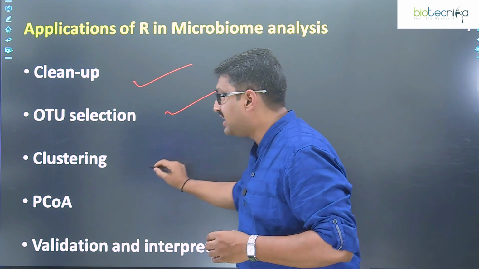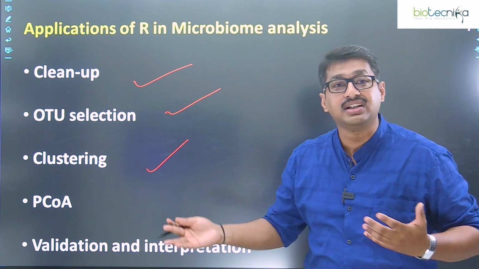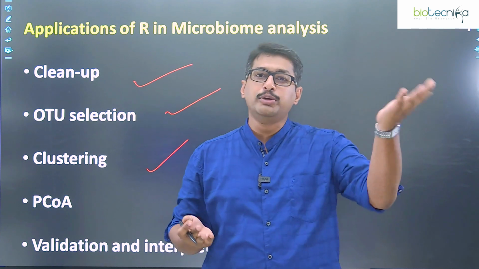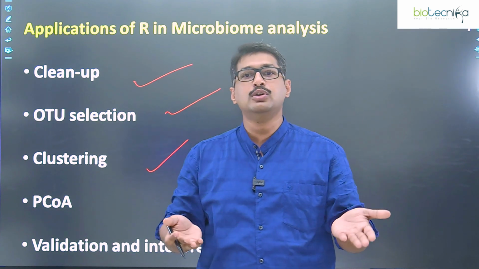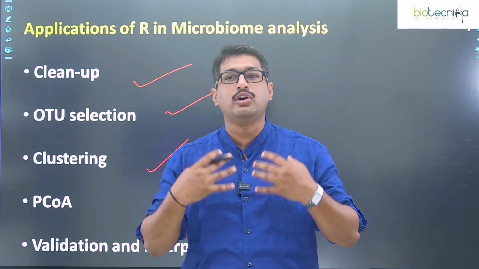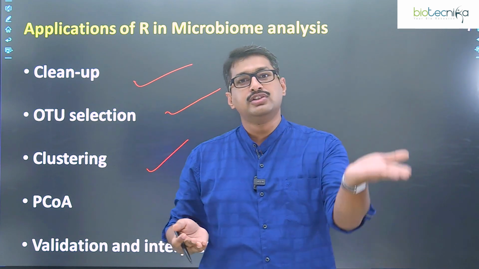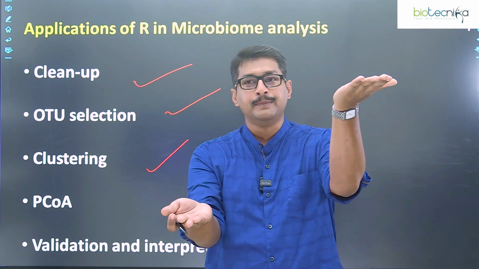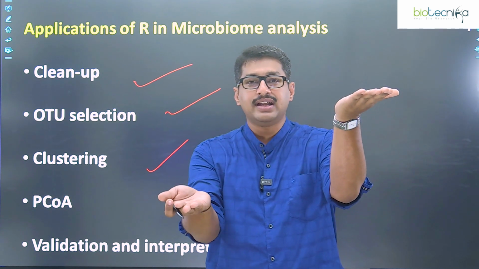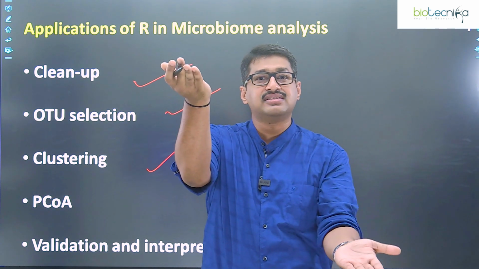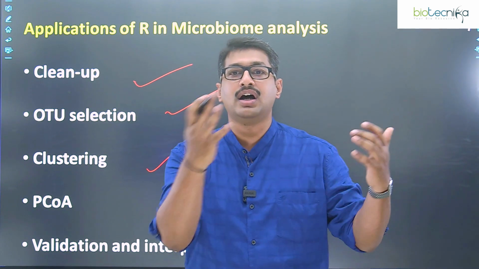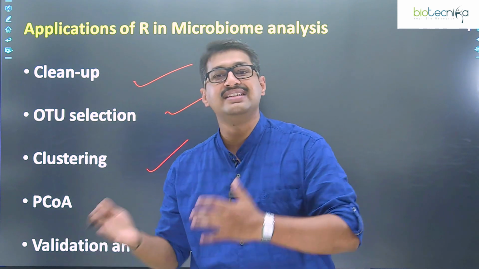Then once you understand this, you can also cluster the microorganisms. Say for example, if you're looking for good bacteria and bad bacteria. When you look for good bacteria, many a time if you want to consider me as healthy, then the concentration of the good bacteria should be higher and the bad bacteria should be lower. Any point of time when the bad bacteria concentration increases, this means I'm transforming from a healthy individual to a diseased individual.